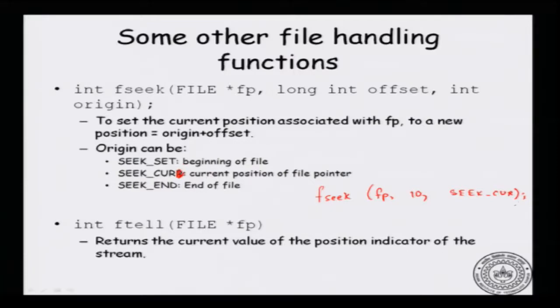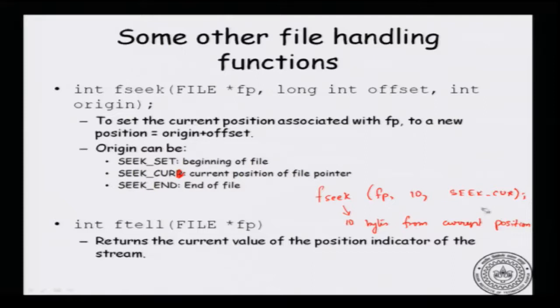So, if I say this, then what it will perform is, it will say 10 bytes from the current position. So, I have already read 100 bytes from the file, and then I say fseek 10 bytes from the current location. What it will do is jump to the 110th location.